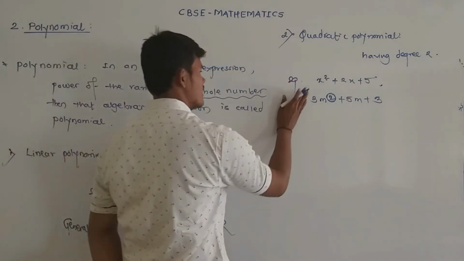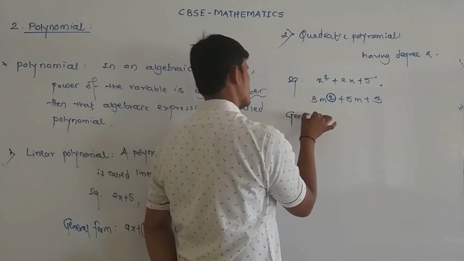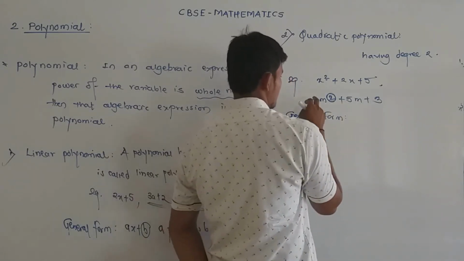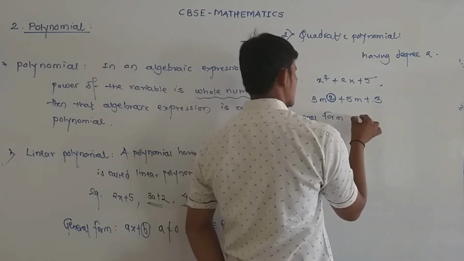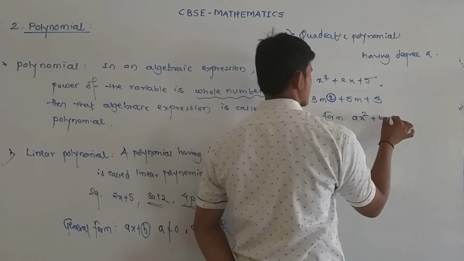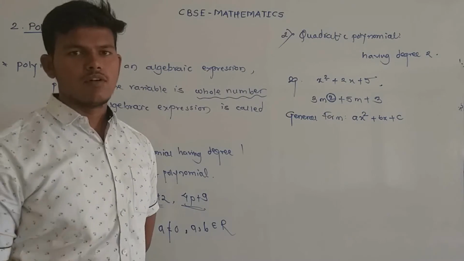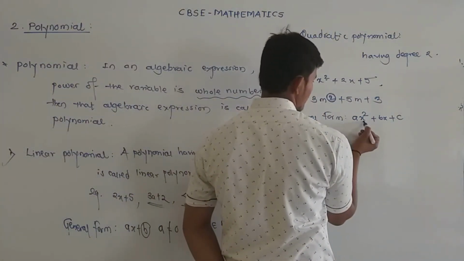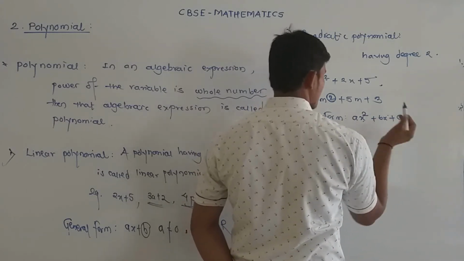So from the above two examples, we get its general form. Here 3, 5 and 3 are the constant terms. So ax square plus bx plus c is the general form of quadratic polynomial, because the maximum power of variable is 2, and we write the remaining terms in descending order, with powers 2, 1 and 0.